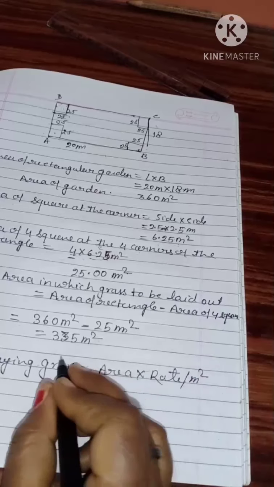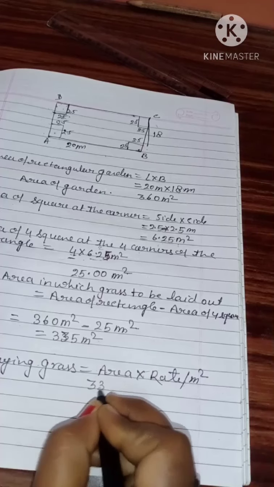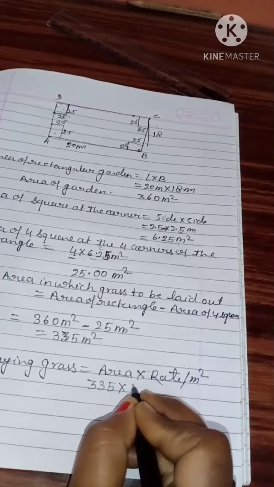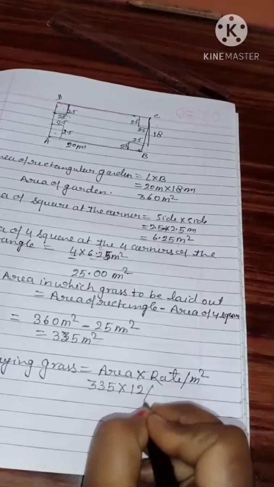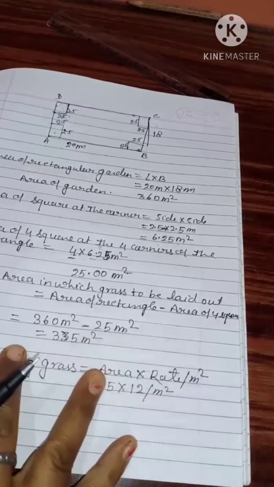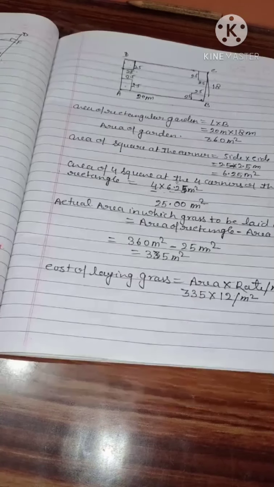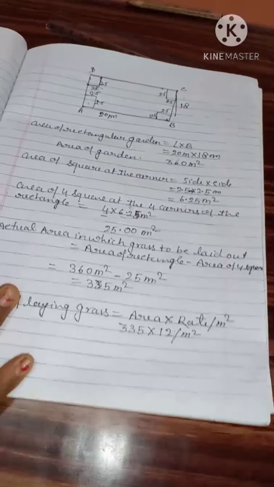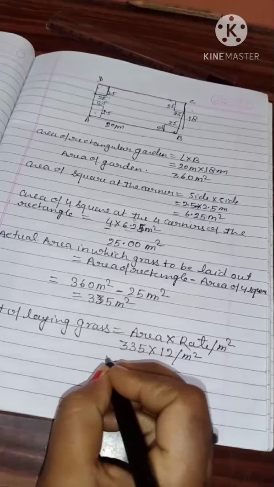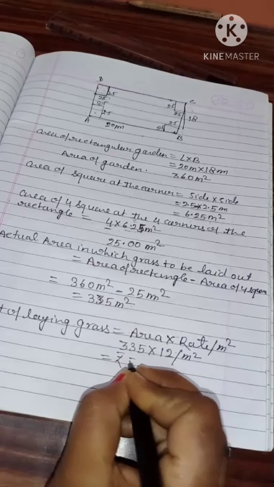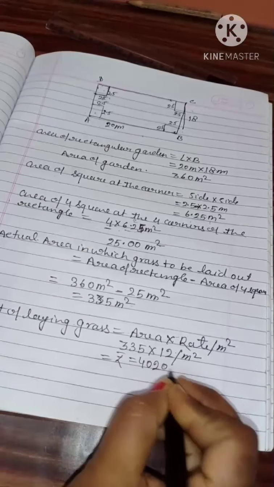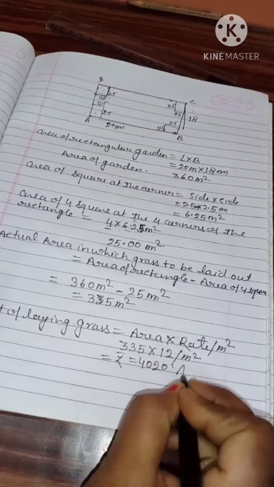So area is how much beta? 335 multiplied by rate, that is 12 per meter square. Okay, now see what it will come. So beta, if you will multiply it, its cost will be beta rupees 4020. Okay, and this will be your answer.